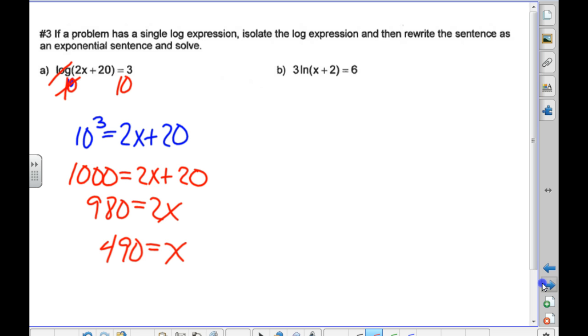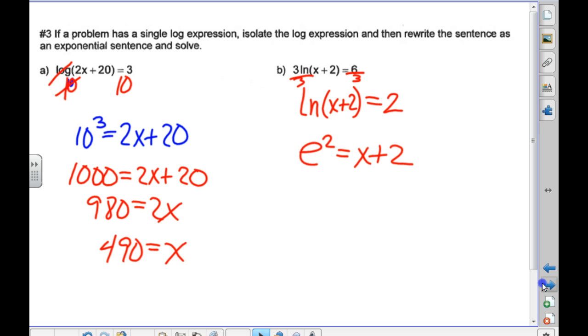What about this next one? Divide by 3 first. You're just making yourself a whole bunch more work. For the natural log, you want to rewrite it as a base e, or you want to do a base e on both sides.